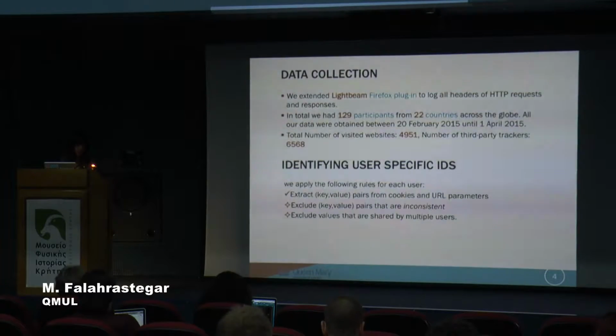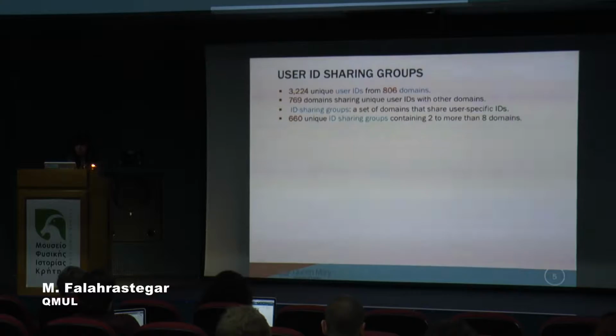And obviously, we excluded all values that have been shared between multiple users. So applying this method, we identified over 3,000 user-specific identifiers from 800 domains. And interestingly, the majority of these domains were sharing this identifier with at least one more domain.